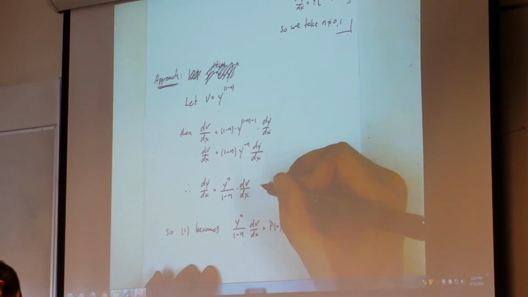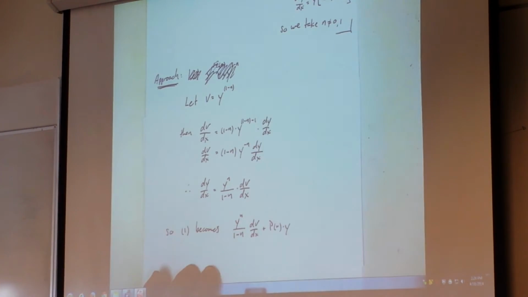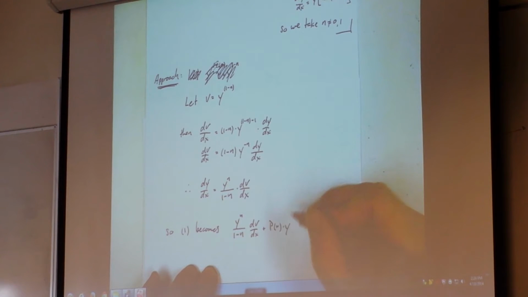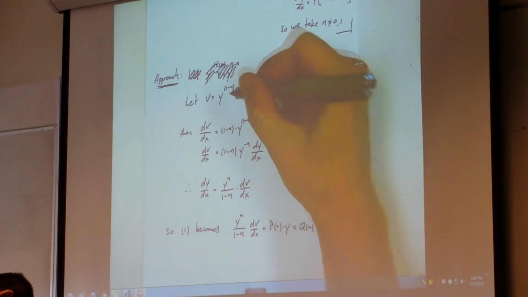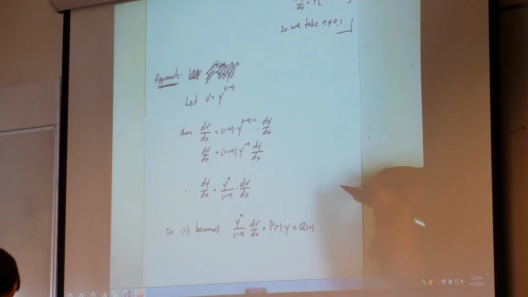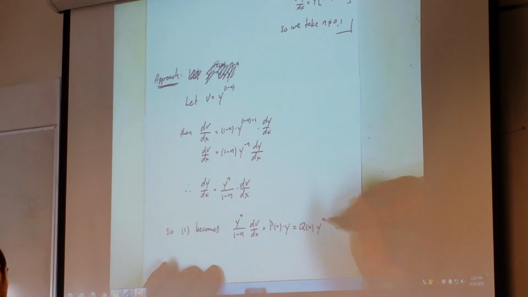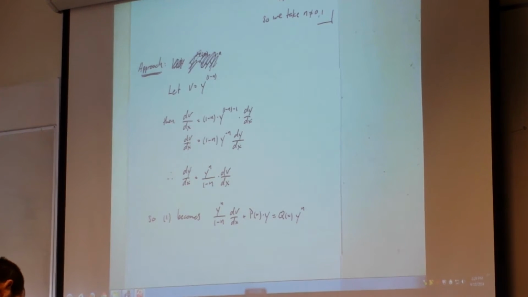Oh, and I'm going to replace y with... right, we've got to solve that for a second. Hold on. p of x y equals q of x y to the n. There's one step missing.